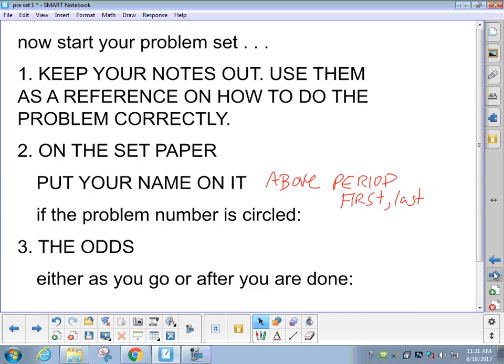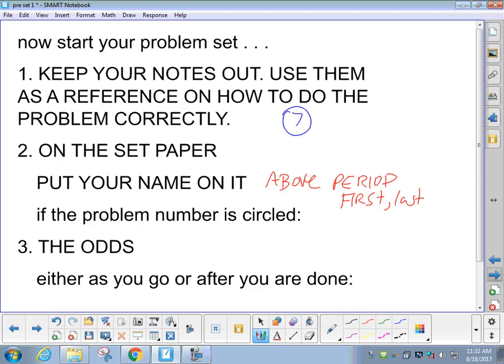If the problem number is circled, when you look at that problem set, you can see that some of them are circled. In fact, most of them are circled. What does that mean, 8th graders? You do not have to show work. You might write this at the top of the page, at least seventh graders.